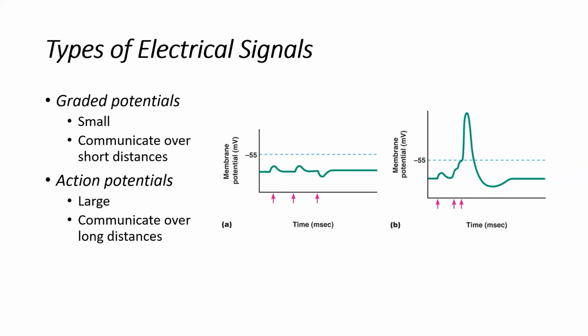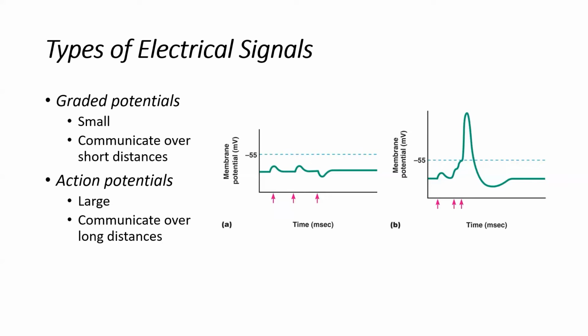Neurons can speak to the heart. They can innervate the heart and give the heart instructions about how fast or how slow to beat. Neurons can also stimulate and communicate with muscle. So neurons have the ability via these types of signals to send instruction to all of our other organs and structures, blood vessels, the heart, muscle, etc. So the way that we send those signals is via potentials.